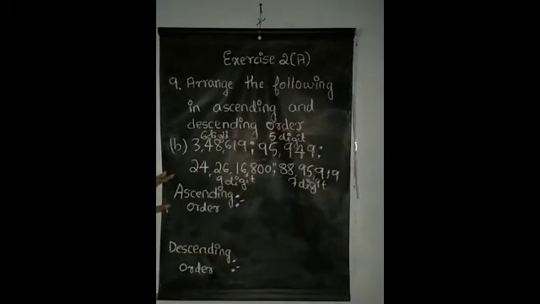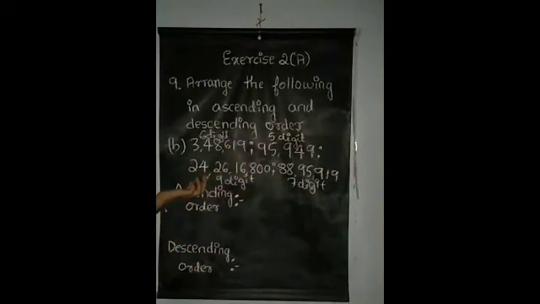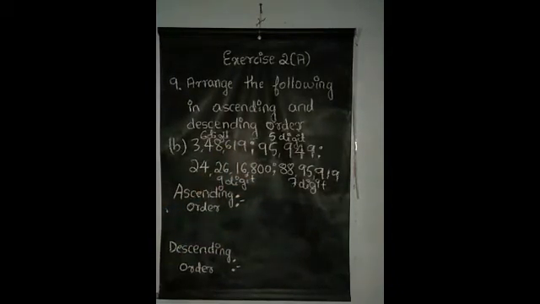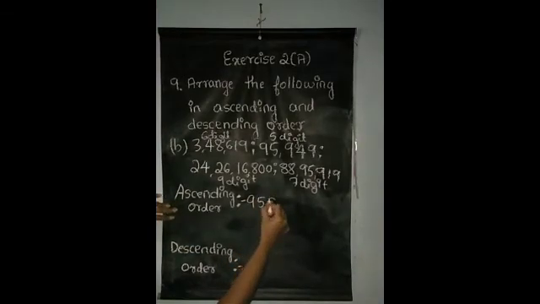Now we have to find out among these which number is the smallest number. Here 5 digit number is the smallest number. So I will write 95,949.